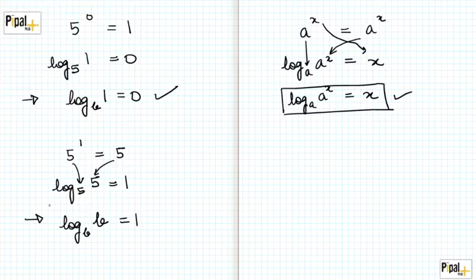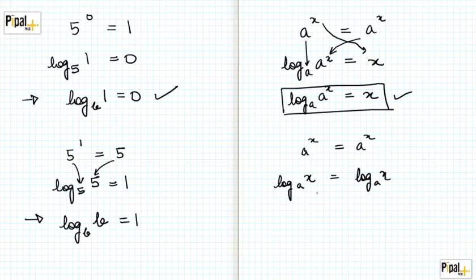Then the next property that I will keep in mind, let me start with a to the power x being equal to a to the power x. So when I take the log of both sides, I get log base a of a to the power x equals log base a of x.